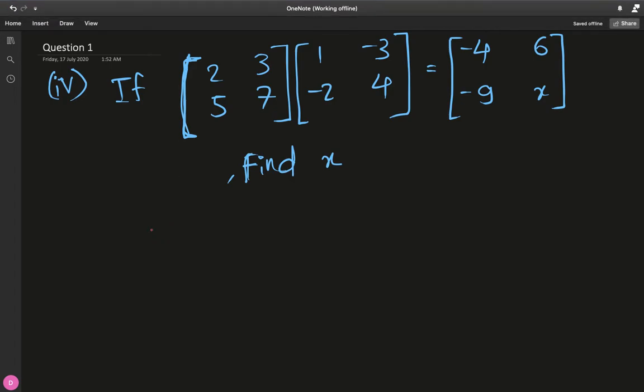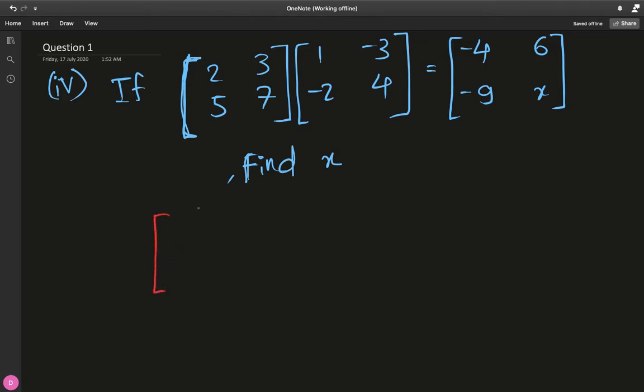Okay, next is question 1 subpart 4. So we have, if two matrices multiplied with each other is equal to some resultant matrix, and they're telling us to find x. So this is a classic matrix multiplication problem, and this is really easy to do. So let's just directly multiply the left hand side that we have here.